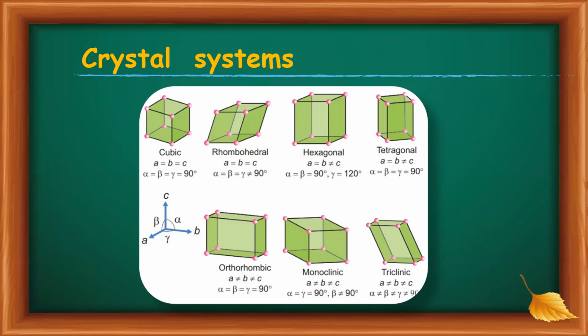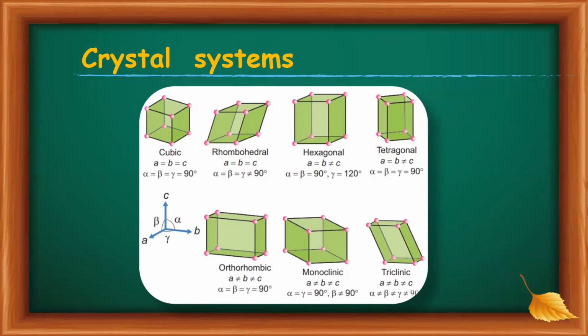In tetragonal, A is equal to B, that is not equal to C, and the angles are equal and it is 90 degree. In orthorhombic, the sides are not equal. A not equal to B, not equal to C, but the angles are equal and it is equal to 90 degree.